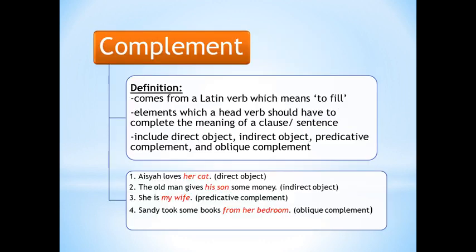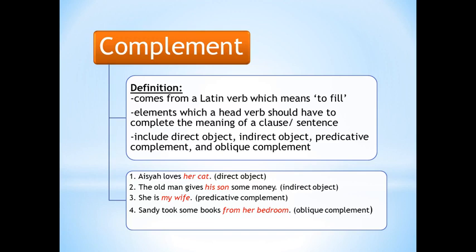Now we come to the complement. What is complement? Complement berasal dari kata kerja Latin yang berarti mengisi. Kemudian complement juga elements which a head verb should have to complete the meaning of a clause or sentence.